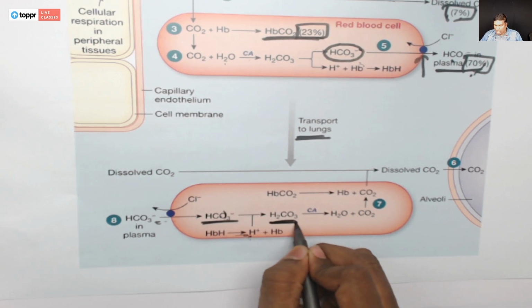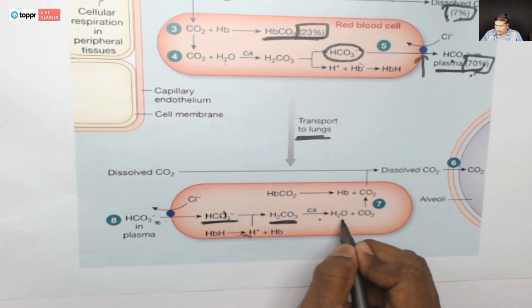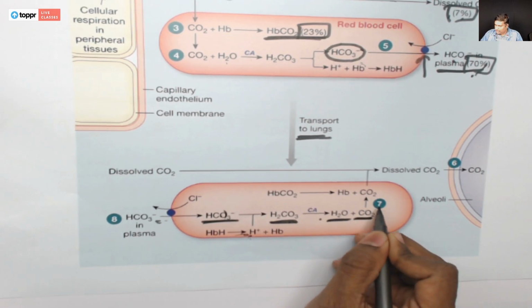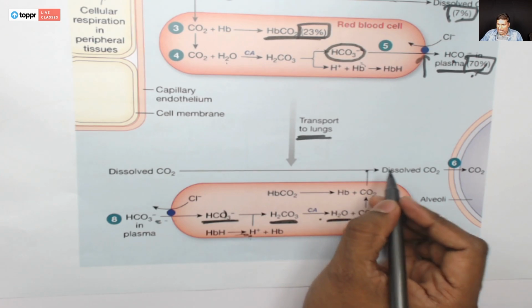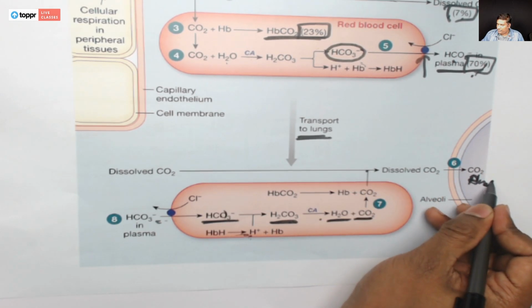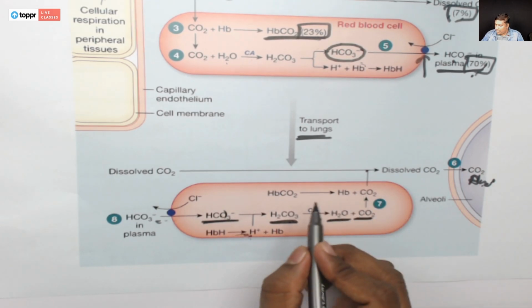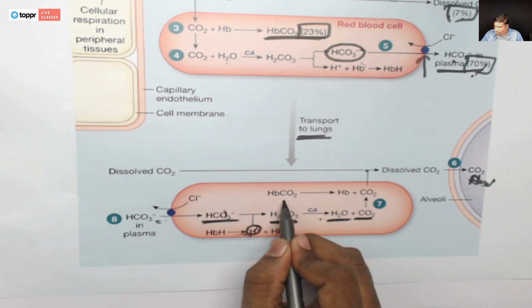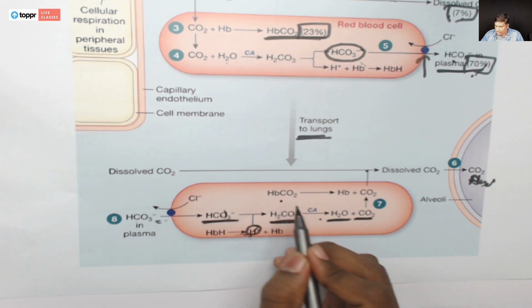So it again forms the carbonic acid. This carbonic acid is again converted, by the same enzyme, into water and carbon dioxide. And the carbon dioxide is released back into the plasma, and from the plasma it will simply diffuse into the alveoli. This is your alveoli.